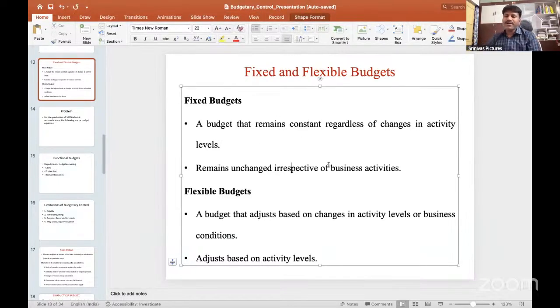From this chapter, from the practical point of view, we have to prepare the cash budget, which is important, the flexible budget, important, and the master budget, important.